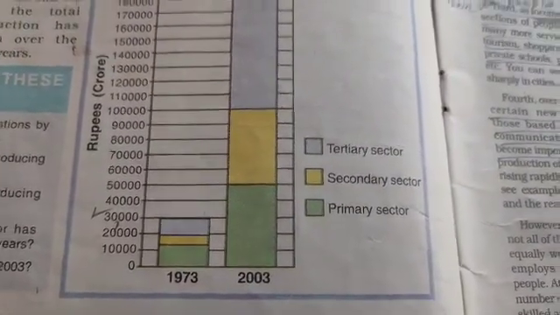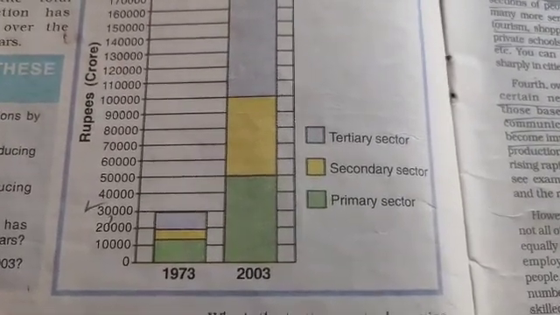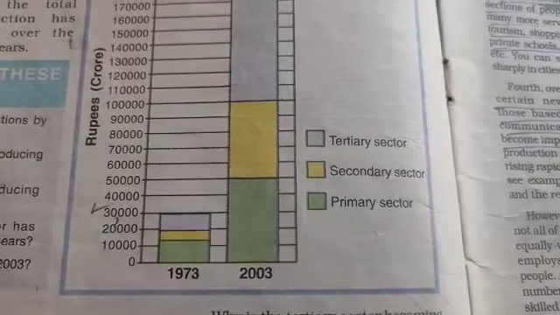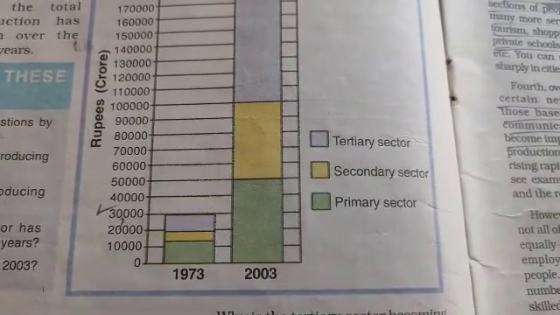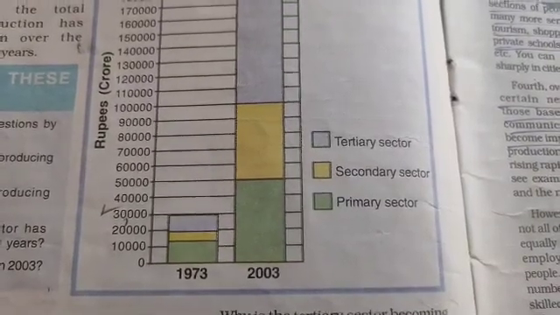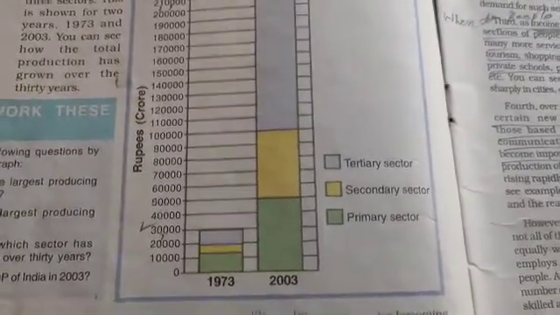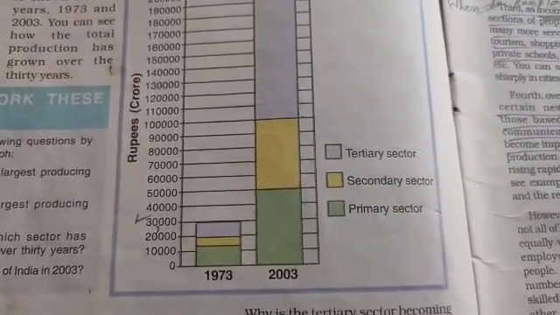Thereafter we come to the yellow color, which represents the secondary sector. It stands in third place, and second place is the service sector. So this is all about the year 1973.